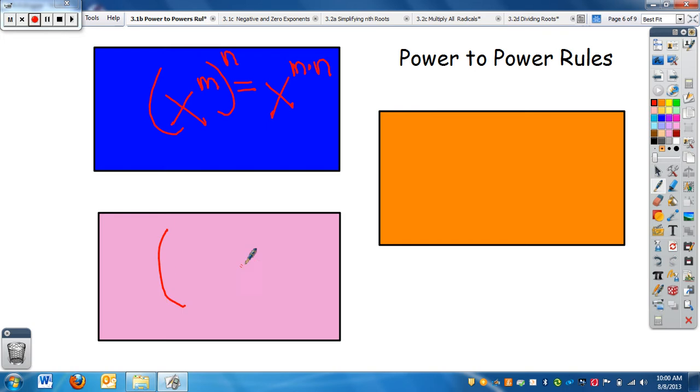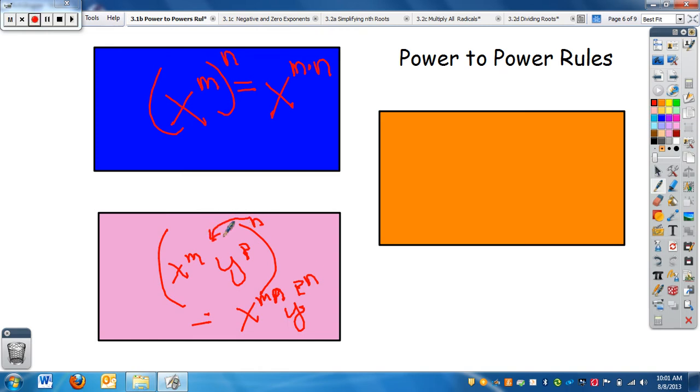Or if you have multiple things in here, so I have x to the m, y to the p, and I'm taking this to the n power. This is x to the mn, and y to the pn. Sorry.